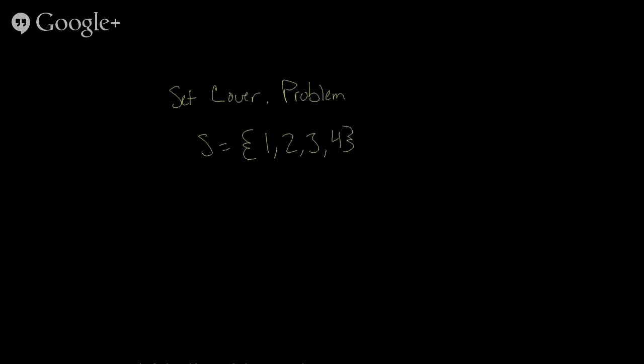That's our set. And you have some family of subsets, F, and we'll change this to show you how this works. We can say it is {1, 2}, {2, 3}, just {4}, and the last one we have is {2, 4}.